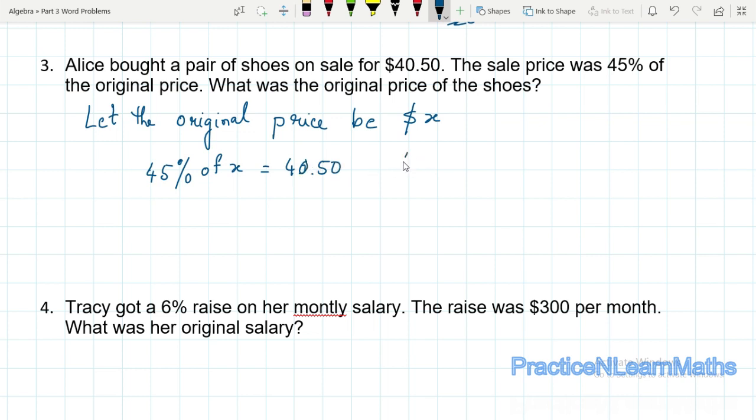Now 45% you can write as 45 over 100 times x is equal to 40.50. Again if we cross multiply we are getting 45x is equal to 4050. x is equal to 90.